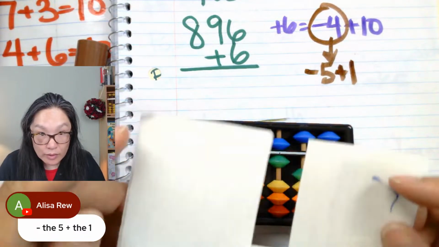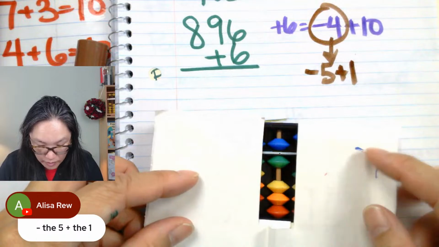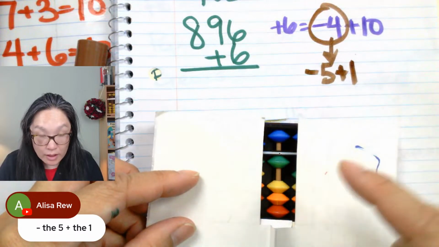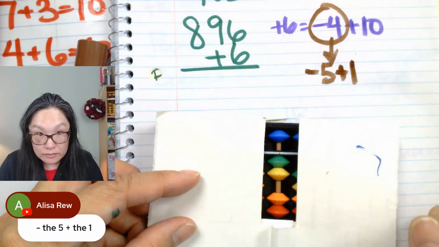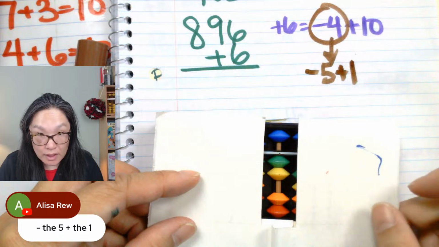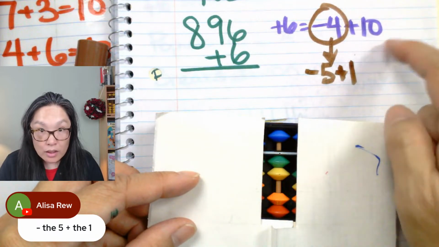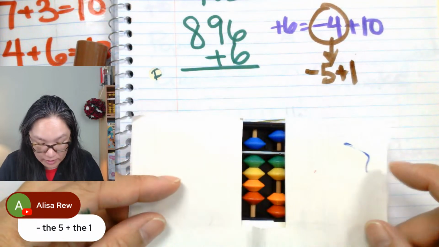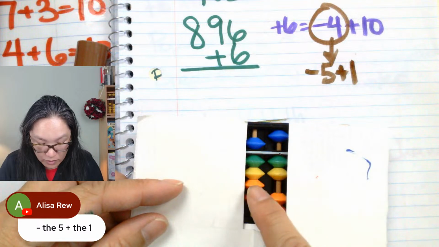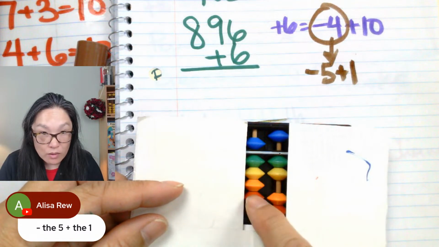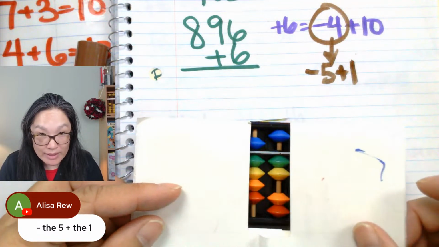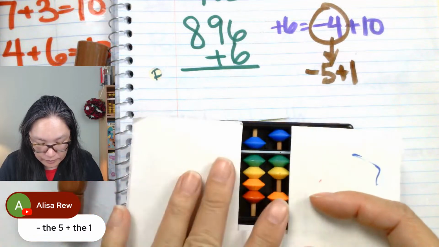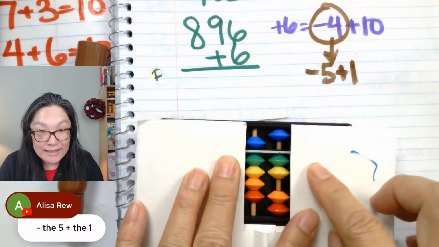So I'm going to minus the 5 and I plus the 1. Now we know 10 is 0, 1, right? 0 is a placeholder. Now I'm at the 10.